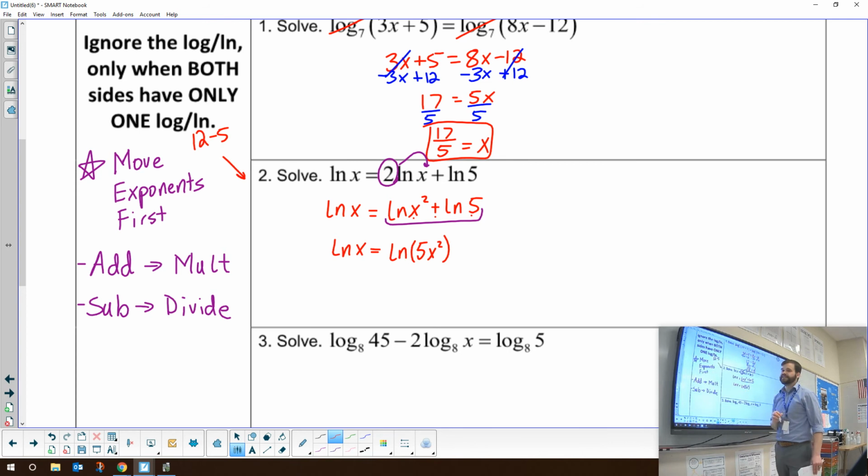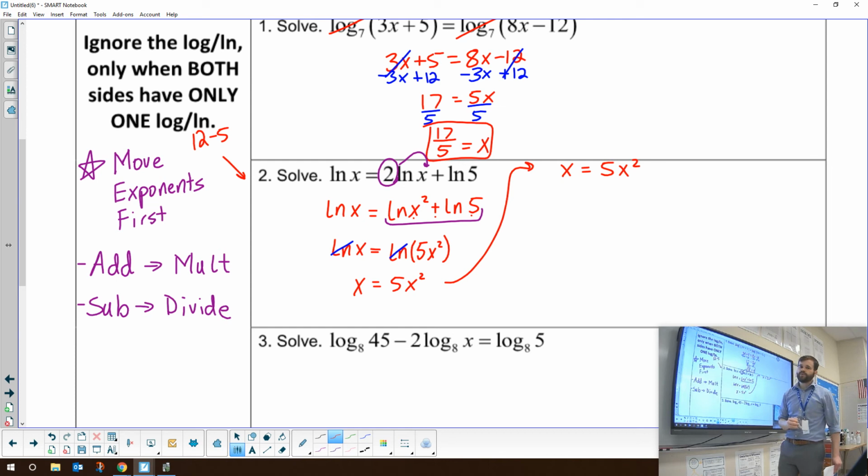And that's how we condense. Then we can just knock off my natural logs here because I have one log on the left side, one log on the right side. I can just take those away, and then I just have x equals 5x squared. Now, let's rewrite this over here so I have plenty of room.